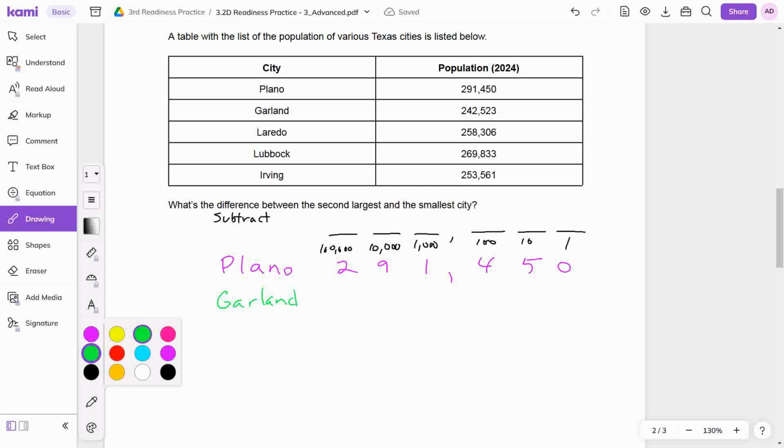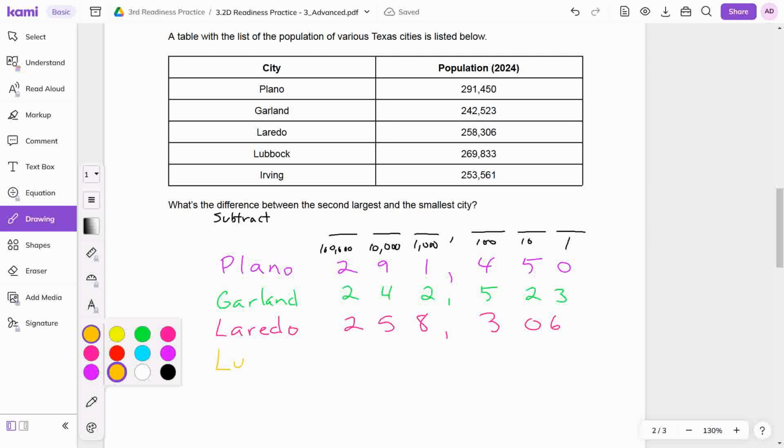All right, so next, let's look at Garland. All right, so Garland, 242,523. I think that's going to be smaller because of that 4 in the 10,000s place. Let's look at Laredo. 258,306. Laredo looks larger than Garland because it's got a 5 in the thousands place.